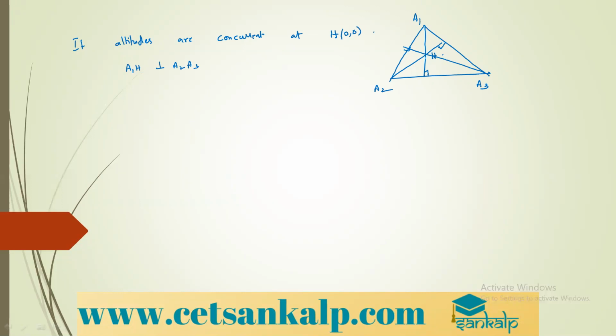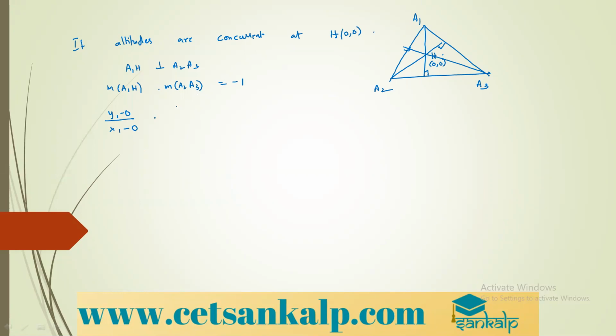That means as H is 0, 0, the slope of A1H into slope of A2A3 will be equal to minus 1. What is the slope of A1H? y1 minus 0 by x1 minus 0.